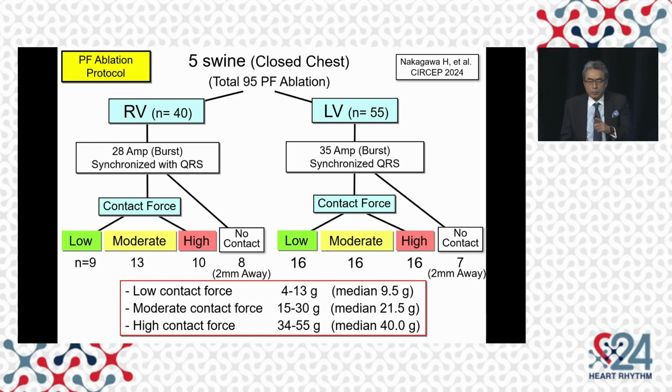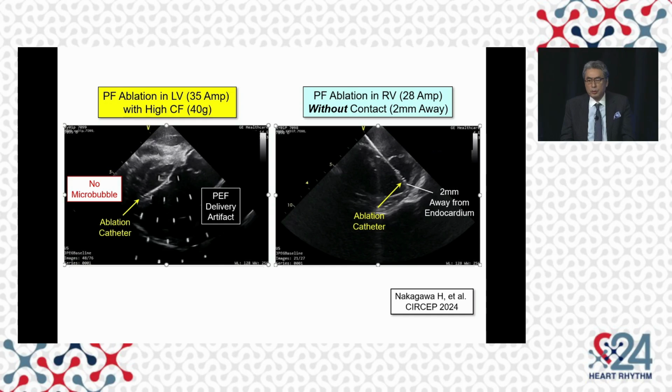We change the contact force from 4 grams to 55 grams. Low means about 5 grams, moderate contact force in the 20 gram range, high contact force in the 40 gram range. Also, we performed non-contact ablation intentionally, with the electrode just 2 millimeters away from the endocardium, confirmed by eyes and also by contact force tracing. So that's ablation without contact.